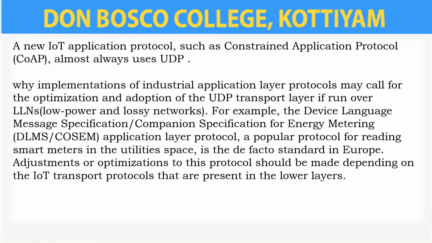A simple example of that optimization and adoption is the Device Language Message Specification or Companion Specification for Energy Metering application layer protocol, a popular protocol for reading smart meters in the utility spaces in Europe. യൂറോപ്പിലുള്ള സ്മാർട്ട് മീറ്റേഴ്സ് റീഡ് ചെയ്യുന്നതിന് വേണ്ടിയിട്ട് യൂസ് ചെയ്യുന്ന ഒരു പ്രോട്ടോക്കോളാണിത്. If we are using it with IoT, we have to optimize these protocols. When we use smart objects, some optimization and adoption will be needed in the protocols we are currently using.